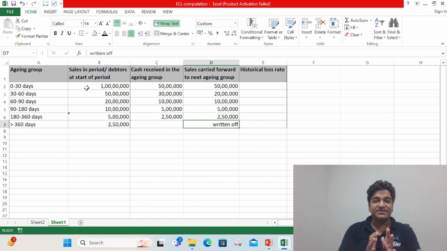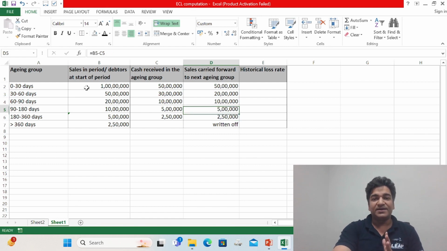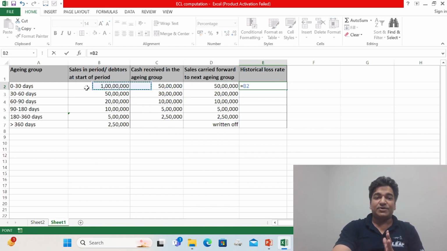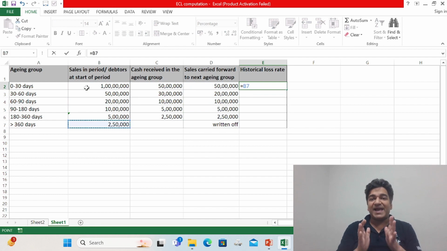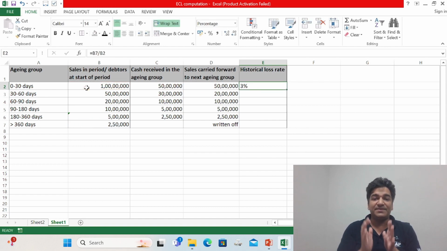How will historical rates be computed for each bucket? We will take 2,50,000, which is the actual default which is written off by the entity, divided by the amount which was there at the start of the period. So 3% is the historical loss rate in the bucket 0 to 30 days past due.